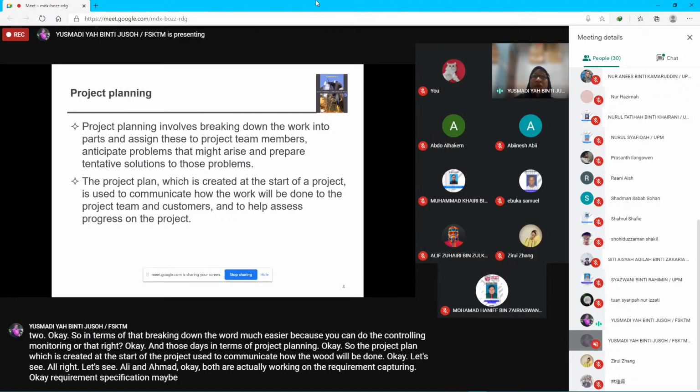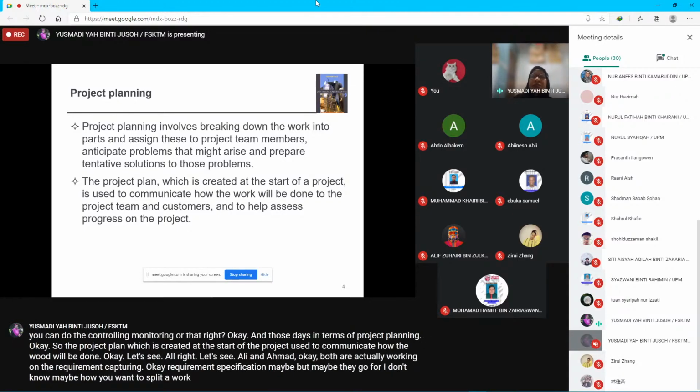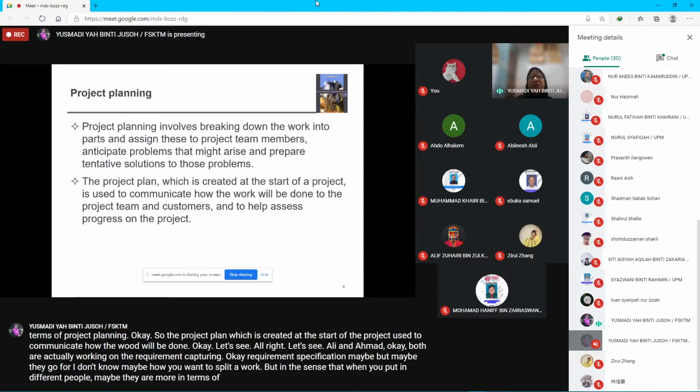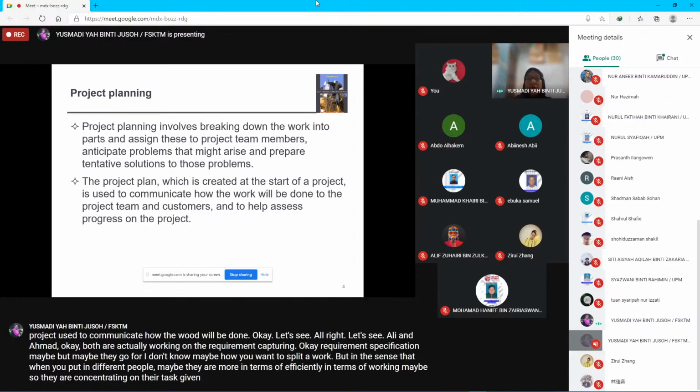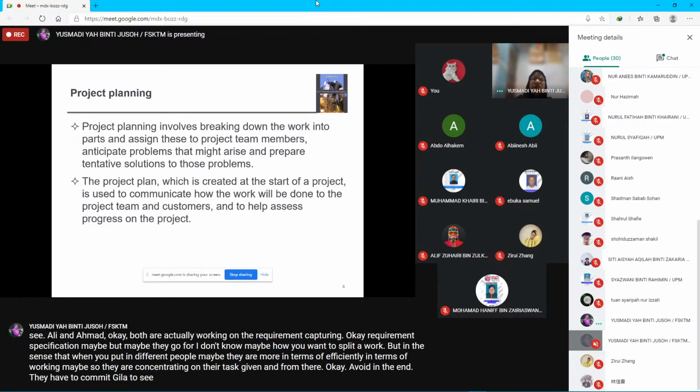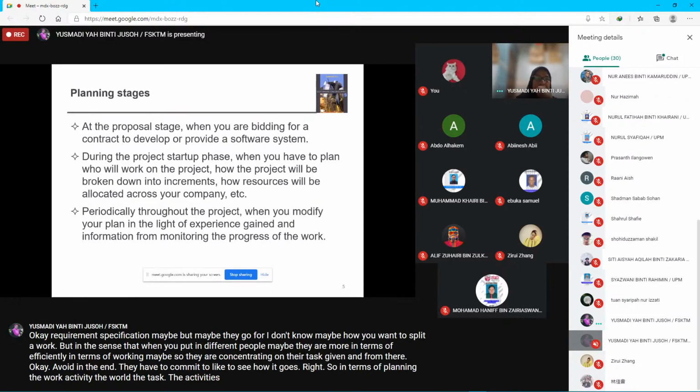Maybe you split the work, in the sense that when you put in different people, they may work more efficiently, concentrating on the task given. However, at the end they have to communicate to see how it goes, right? So in terms of planning, the work, the tasks, the activities are very important.